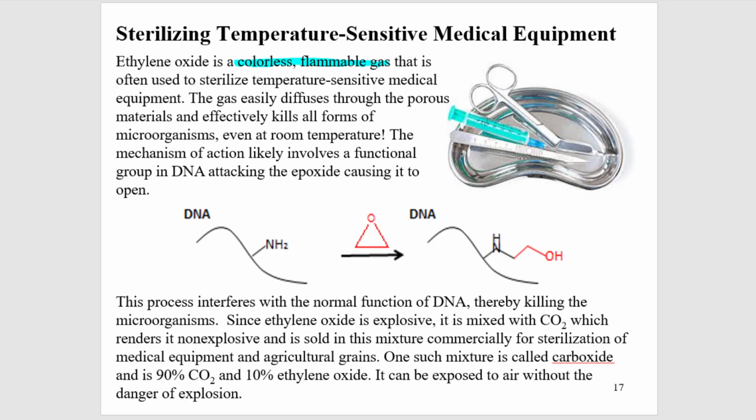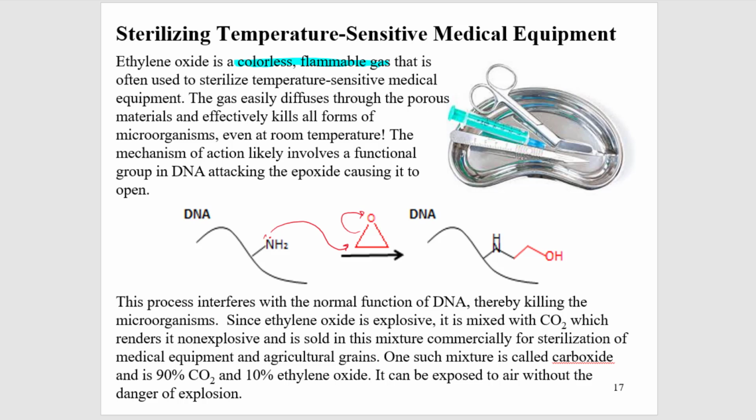Now, what's interesting is that organisms, like bacteria or things that could be growing on something, they have DNA, and amines, it's thought that a portion of the DNA, when exposed to this ethylene oxide, basically does this ring opening to give you the compound shown to the right.